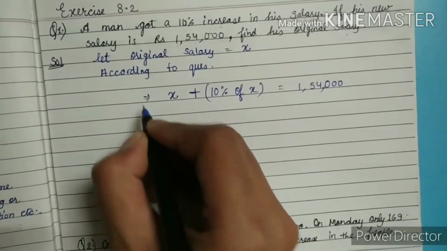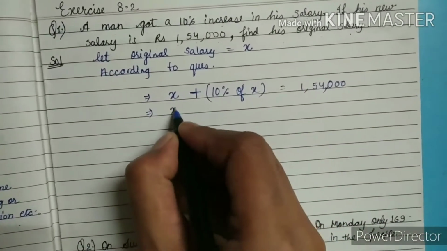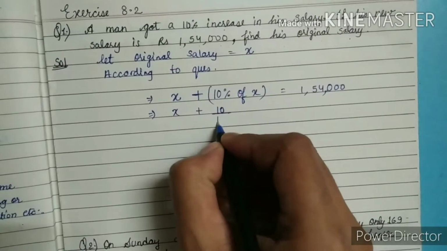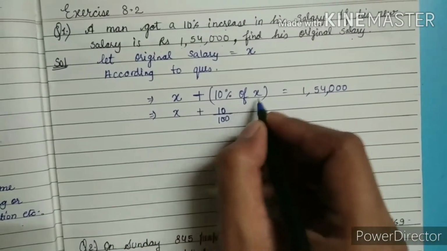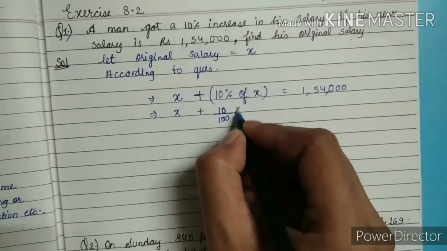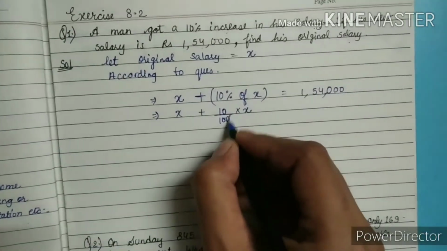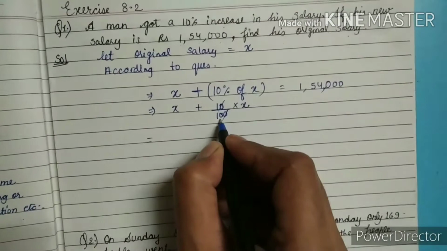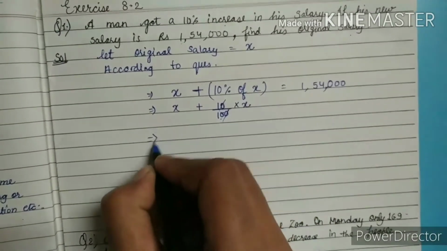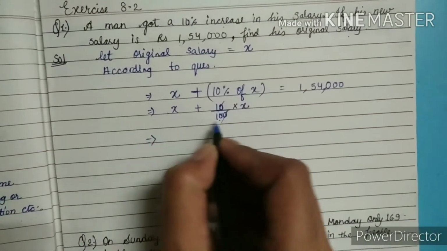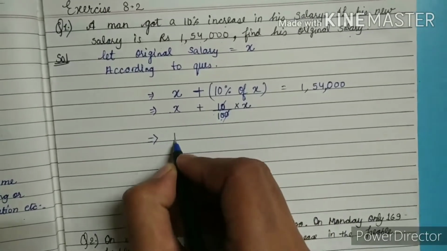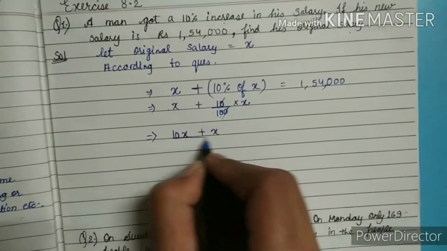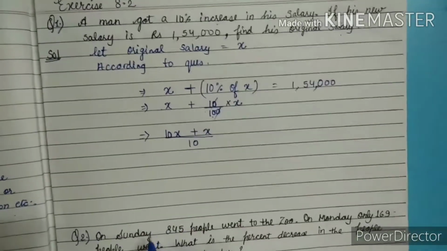Now we know, when we remove the percentage symbol, 100 will come in the denominator, and x is there, so multiply x. 0 to 0 cut. Now the division of 10 will go across, so it will become 10x plus only 1x, and the whole will be divided by 10.